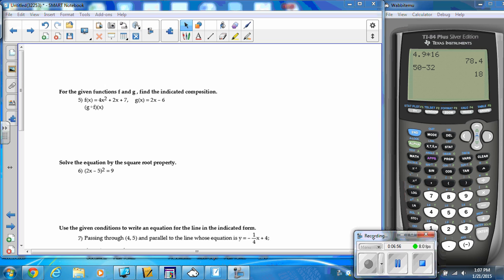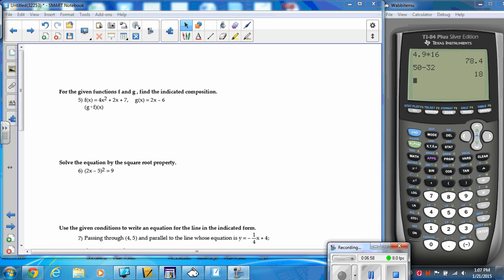Not sure where we're going to put this feature here. How about down there?